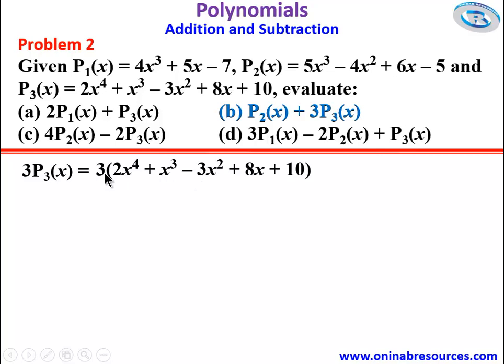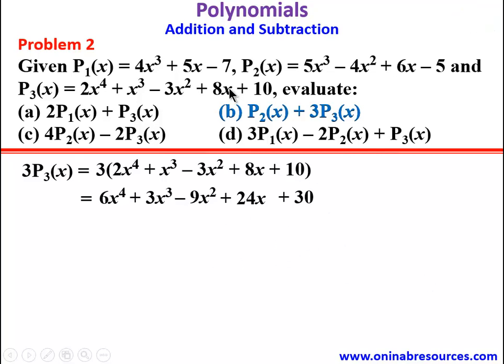Expanding this, we are going to have it as 3 times 2x⁴, which is 6x⁴. 3 times x³ gives 3x³, and 3 times negative 3x² gives negative 9x². 3 times 8x gives 24x, and 3 times 10 gives 30.